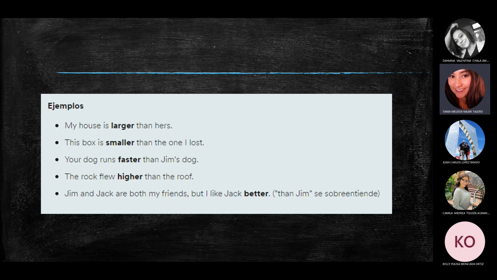Regular adjectives are words that don't change the form, and you only add er or est if it is comparative or superlative. But in the case of better, it is an irregular adjective, that is, the form changes. So do you have any doubt until now?